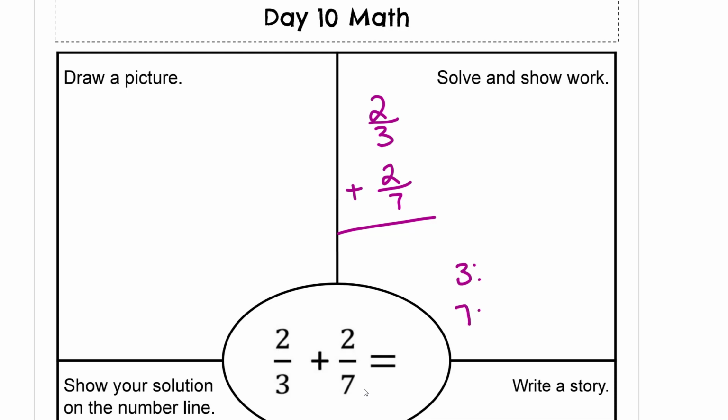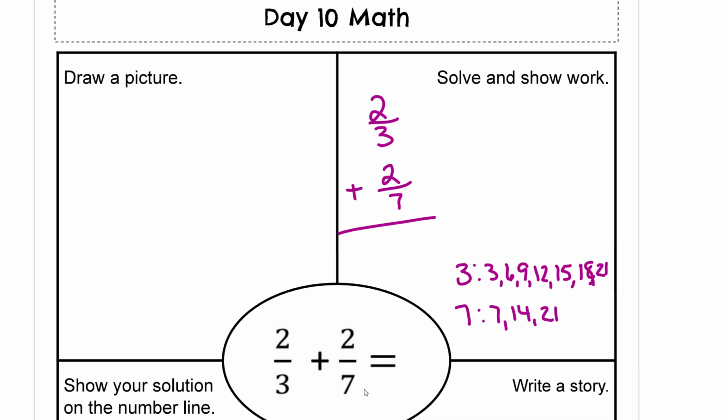Well, when we have 2 prime numbers, we're going to multiply them, and let me show you. I'm going to have 3, 6, 9, 12, 15, 18, and 21. Okay? I'm going to have 7, 14, and 21.